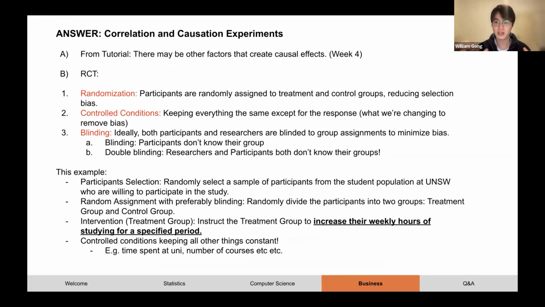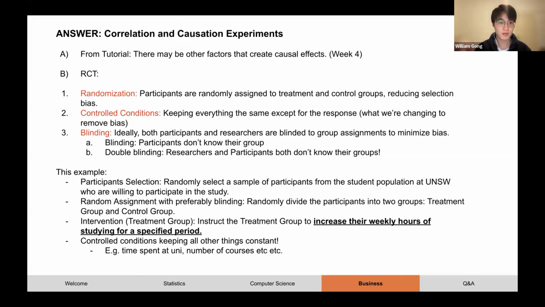If you remember from the lectures, the gold standard for creating a causal study is using RCTs. An RCT has three components: randomization, controlled conditions, and blinding. So what does this mean? Randomization is trying to create a random assignment. We don't care about who the person is. We're just giving them a random assignment into control and treatment.